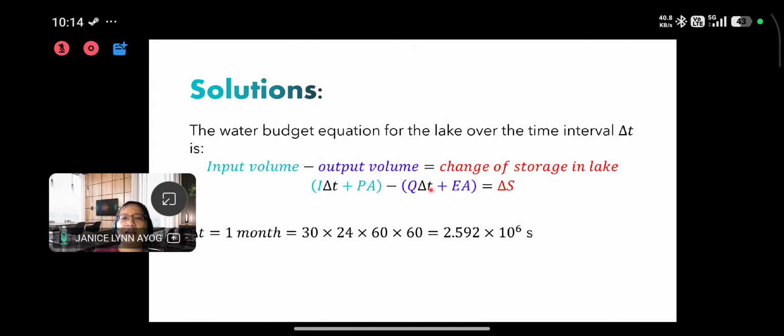Because we have to multiply by delta T, and the question says a certain month, we are considering 1 month, and we assume that 1 month is 30 days. So you have to convert that month into seconds. Eventually you will get 2.592 times 10 to the power of 6.